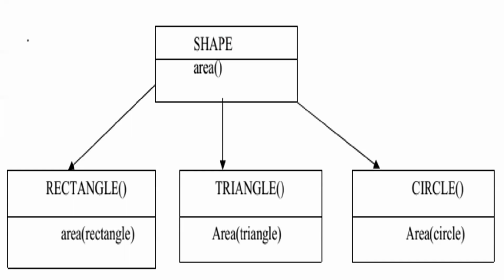So here we see that area is one name and it is doing three different tasks to find out the area of a rectangle, for triangle, for circle, and it can find out the area for any other figure also. This means I am overloading the function area.